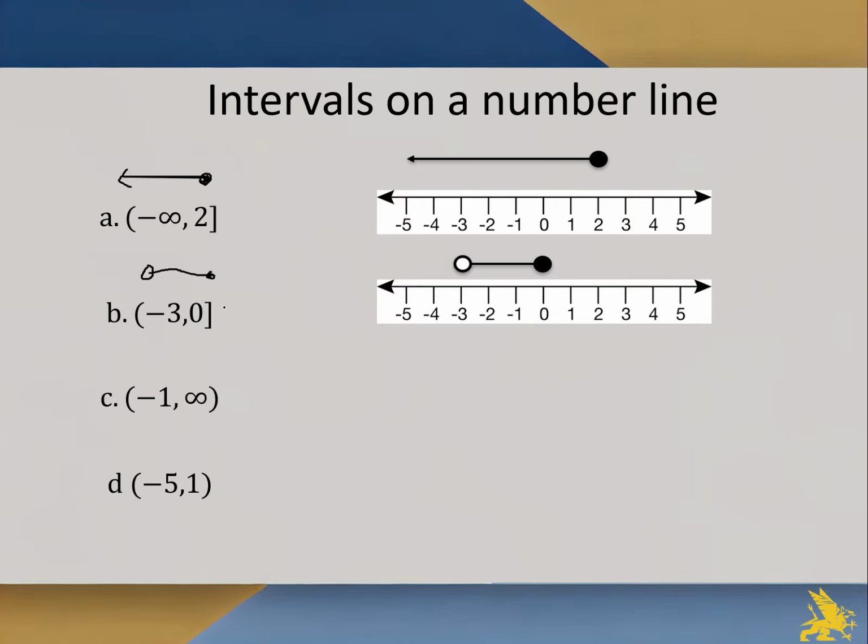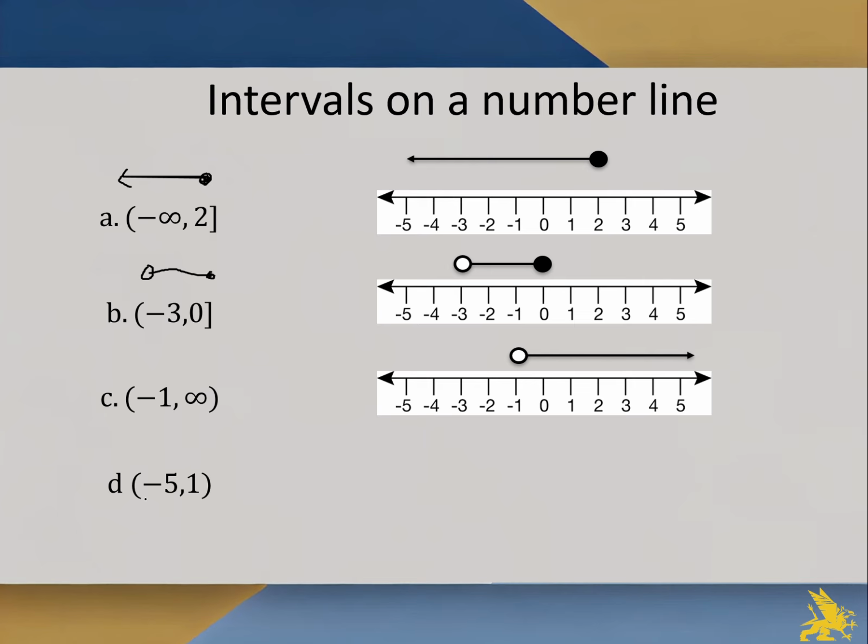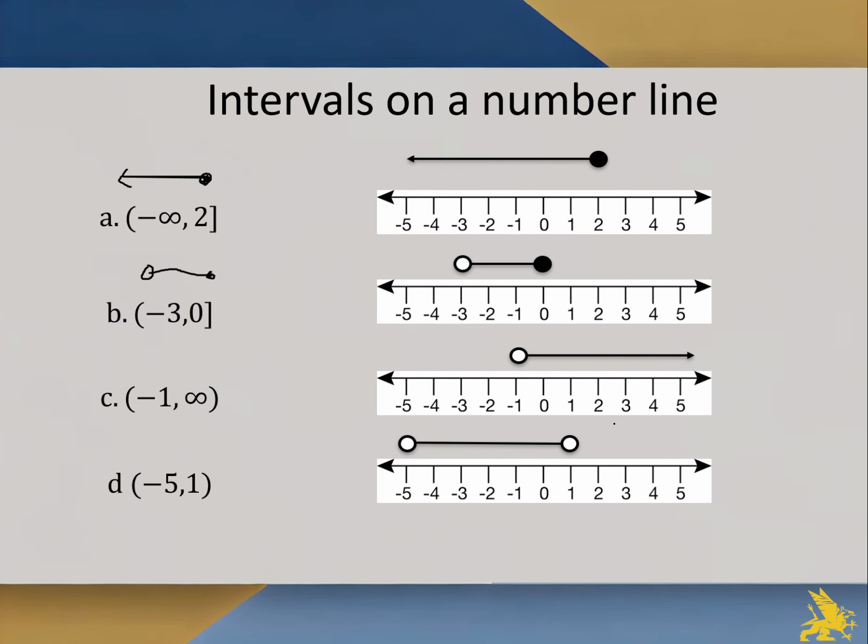Now with infinity, you'll notice that we're just doing an arrow because we'll never get to that point. So for C, it's saying -1. It's not equal, so it'll be an open circle, an arrow to the right. With D, both of them will be open circles because it can't be equal, and it will be on -5 and 1 and a line between.